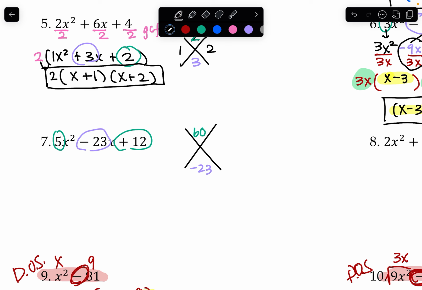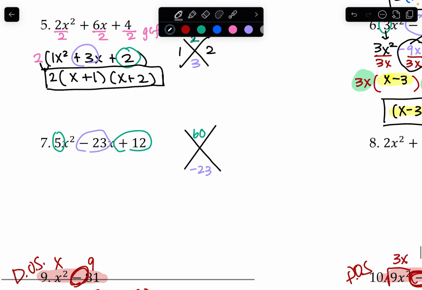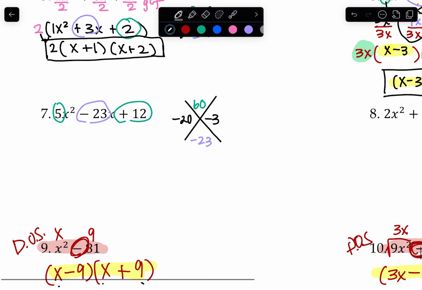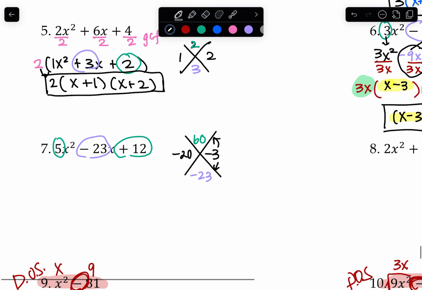Let's see. 20 and 3 multiply to 60, but in order to add to negative 23, we need them both to be negative. That way they still multiply to the positive, but add to this negative 23. Okay, and so we split up the negative 23 into negative 20x minus 3x. And the order you write this in doesn't matter. You'll just get your factors in a different order, but you'll get the same final answer.